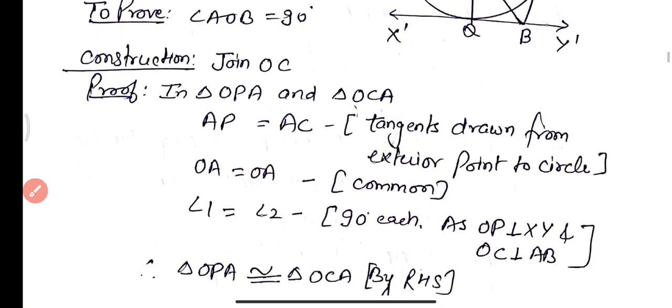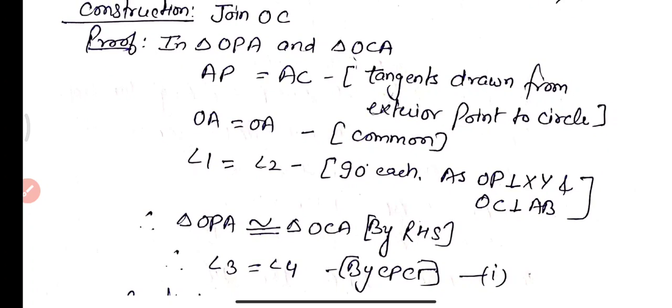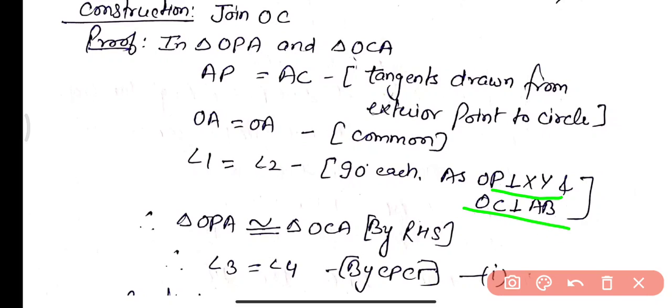OA equals OA, that is common, and angle 1 equals angle 2, that is 90 degrees each, as OP is perpendicular to XY and OC is perpendicular to AB. As we know that the radius is perpendicular to the tangent at the point of contact, therefore angle 1 and angle 2 are 90 degrees each. Therefore, triangle OPA is congruent to triangle OCA, or we can say these two triangles are congruent to each other by using the right angle hypotenuse side congruency rule.